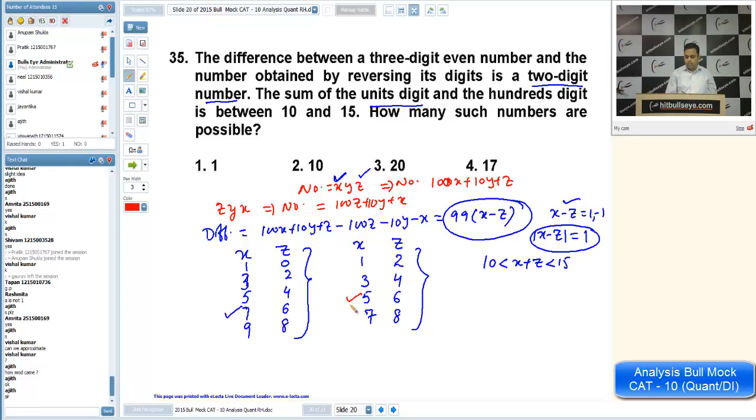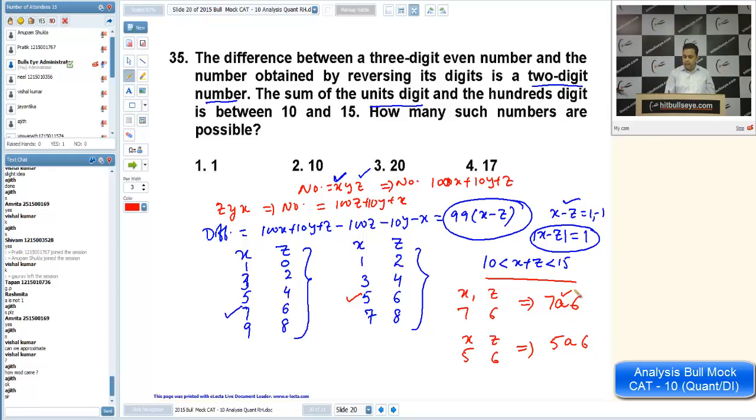or this one, 5 and 6. So these are two sets of values which satisfy this inequality. So from here I can say that the values of x and z in the first case can be 7 and 6. That means in this case the number will be 7a6, and if the values of x and z are 5 and 6, the number will be of the form 5a6.